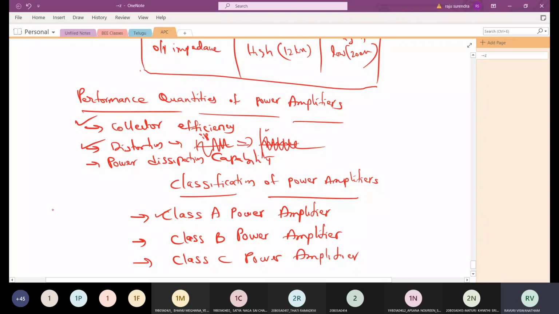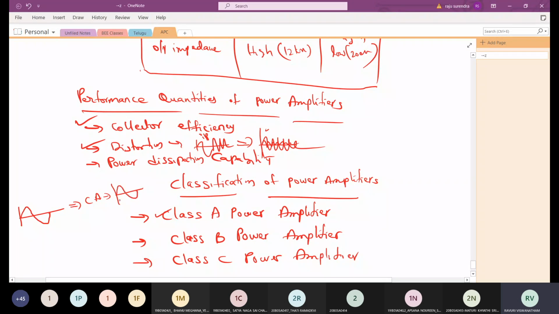For example, you apply a sinusoidal signal, one entire cycle, to the class A power amplifier. The collector current flows for the entire cycle.